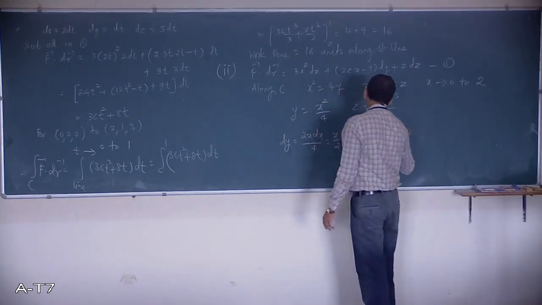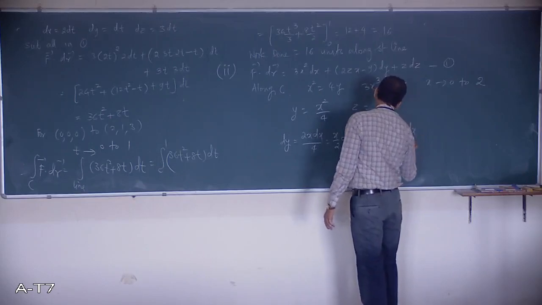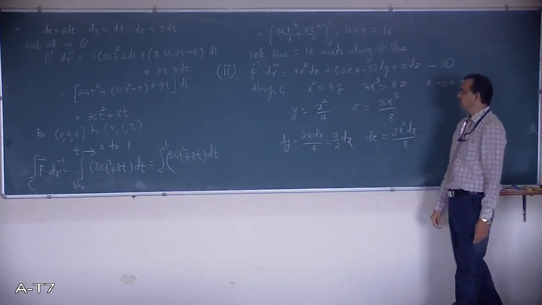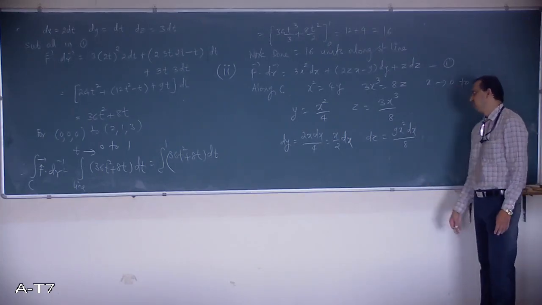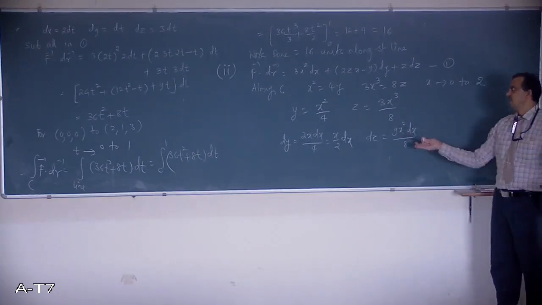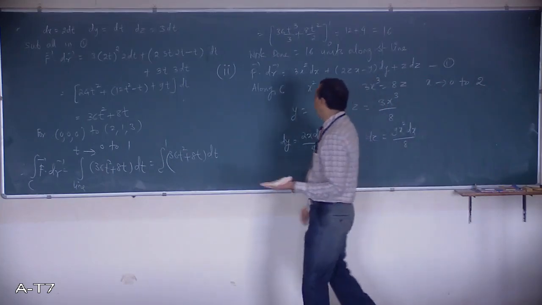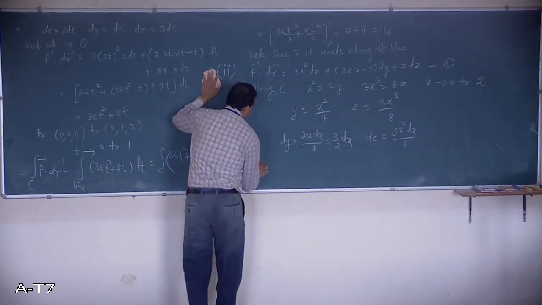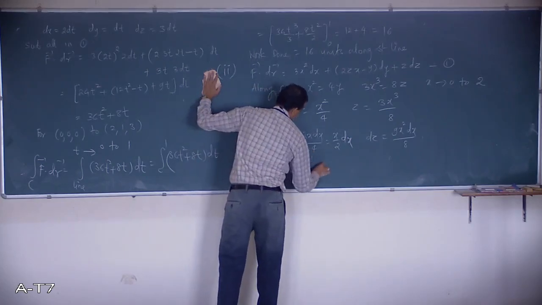Now it is 9x square dx divided by 8, correct? This will be 3x square, 3 into 3, 9. This is ready, and hence the next job is substitute all in 1 and make everything x. Substituting in 1, the expression f dot dr.